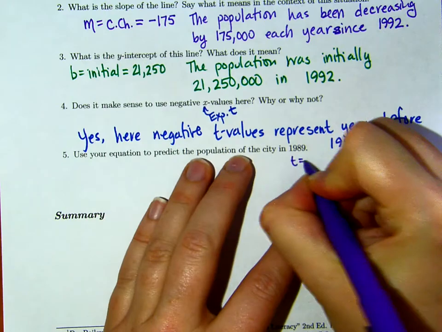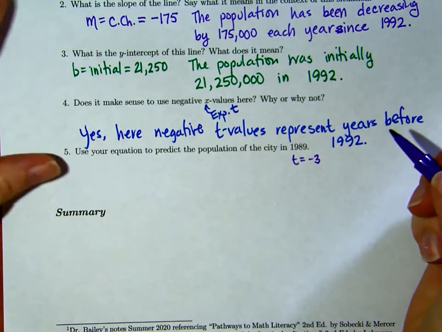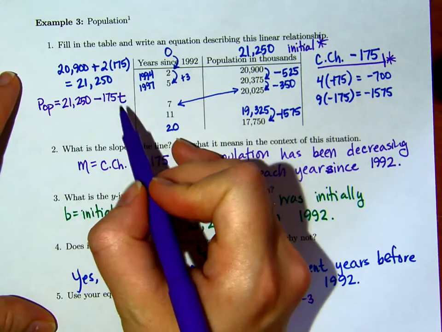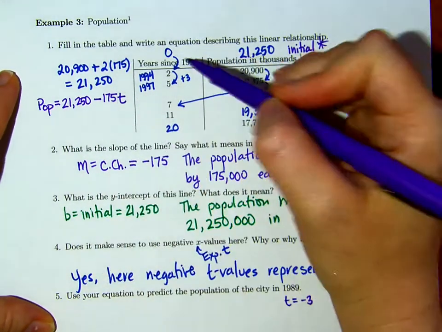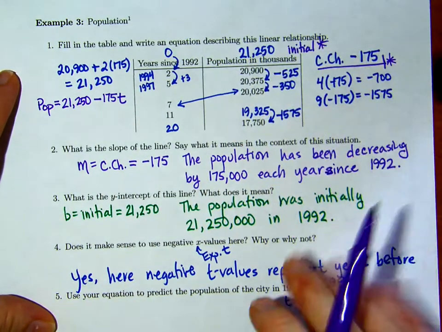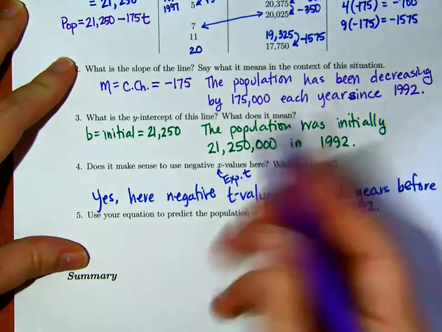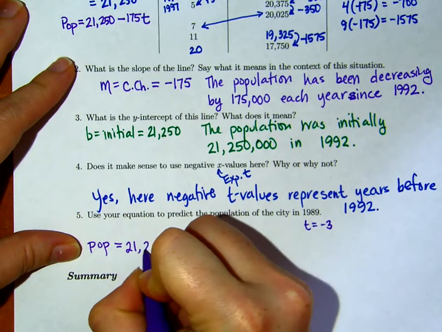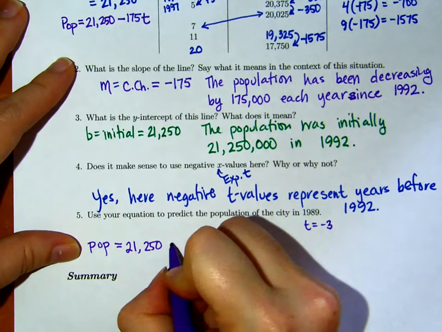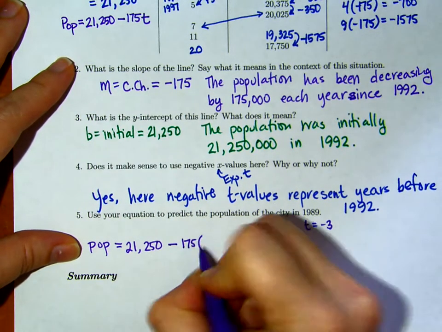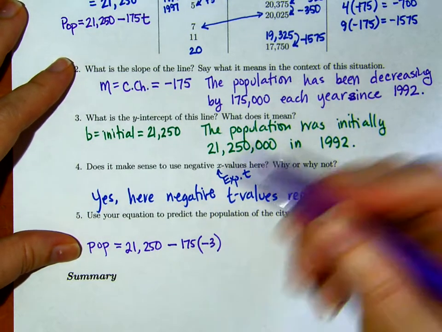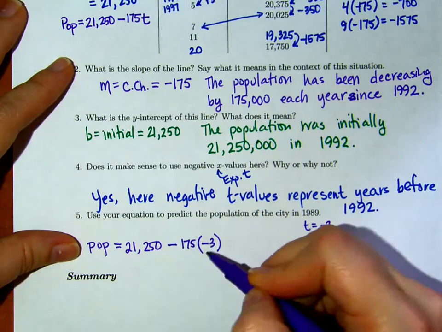So here t equals -3. Okay, so we go back to our linear equation and we're going to put in -3. Or you could backtrack if you want to. So the population is 21,250,000 minus 175 times -3. So previously, before the decline.